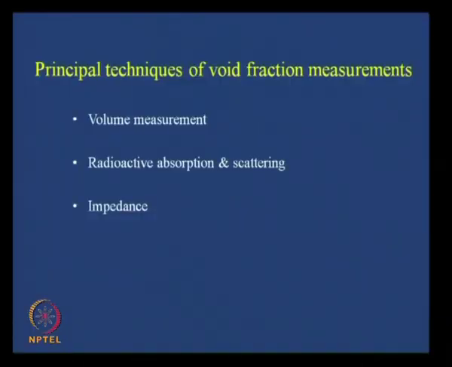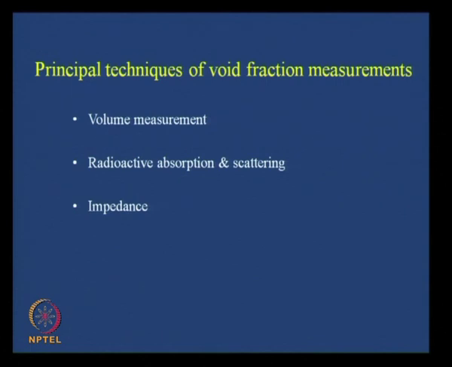Now, the most widely used techniques: one is definitely volume measurement. The direct method I have already discussed, the quick closing valve method. There are other indirect methods also, devised so that the system need not be closed down every time after the measurements, but they are also not very successful. There are some indirect volume measurement techniques as well.